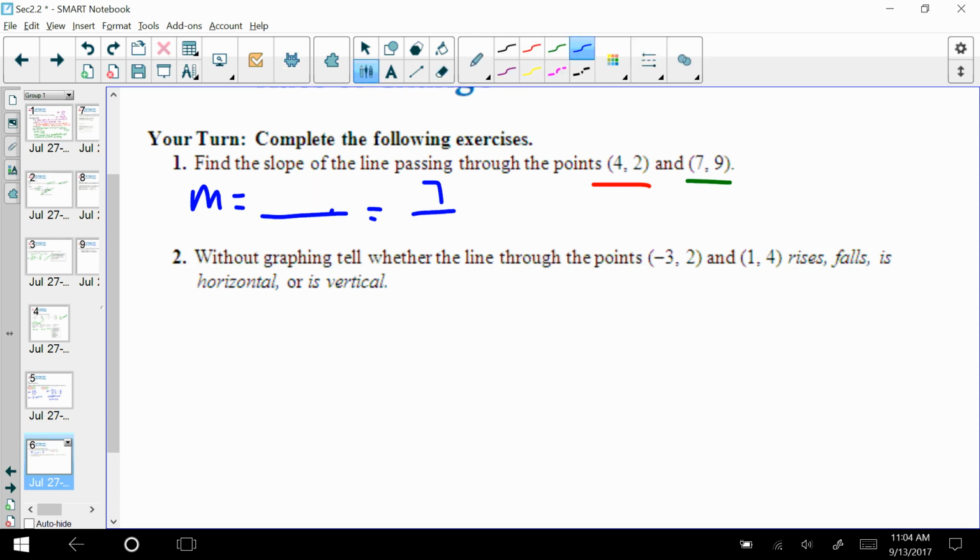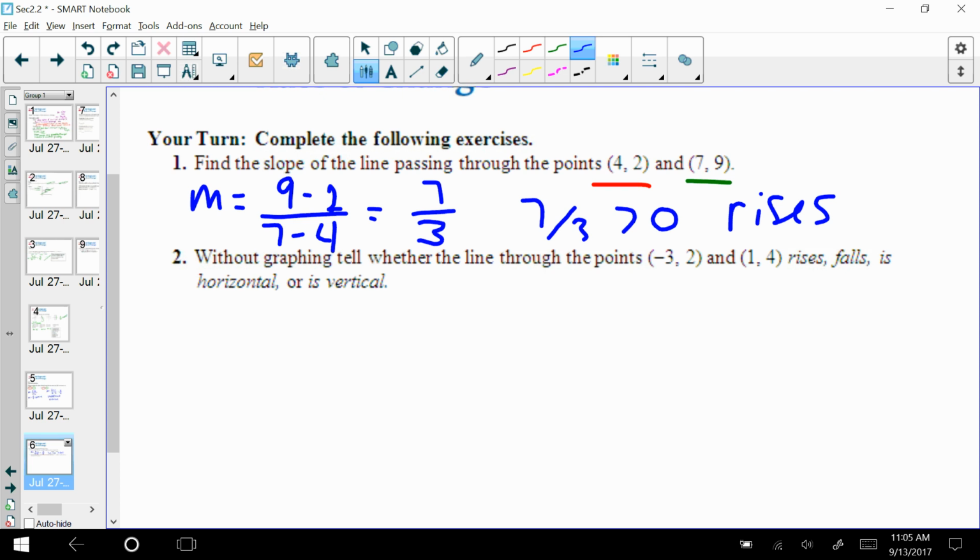So we should have 9 minus 2 and 7 minus x1, which is 4, and we get a slope of 7/3. 7/3 is greater than 0, therefore it rises.